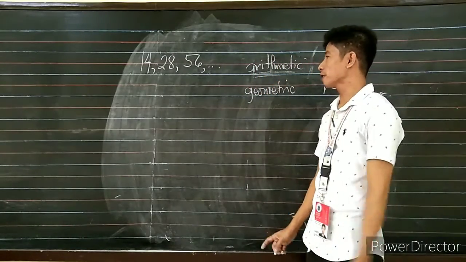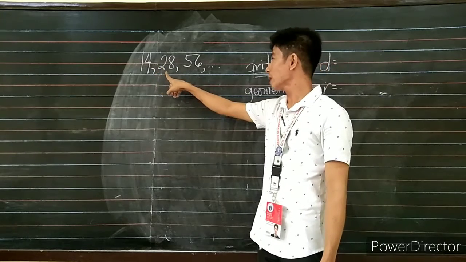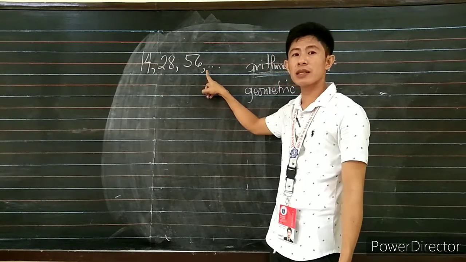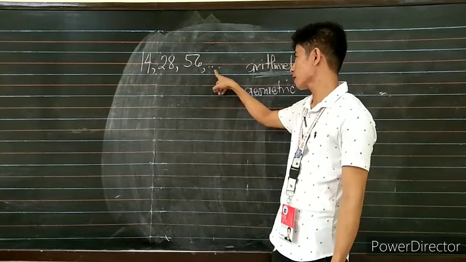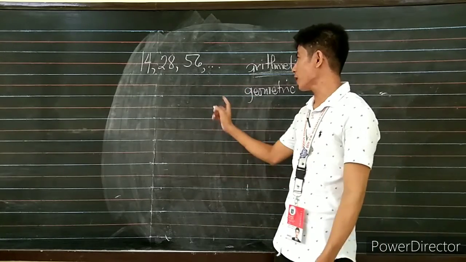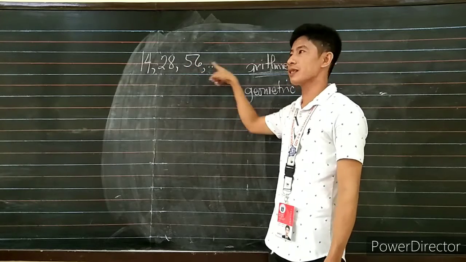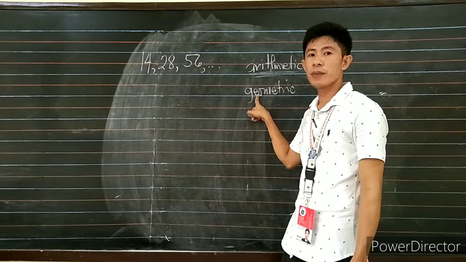Our second example is 14, 28, 56, and so on. Our task is to identify whether the given sequence is arithmetic or geometric.